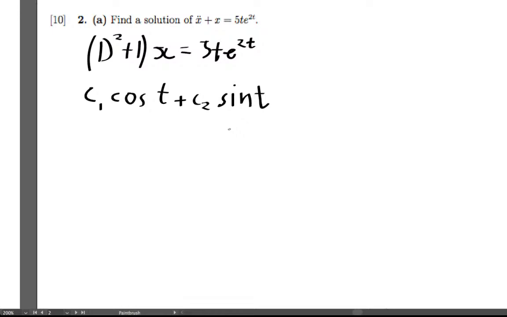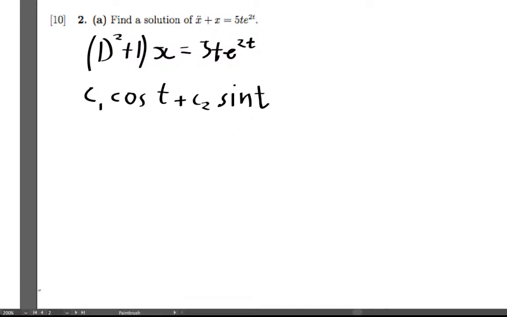And d equals i is an underdamped situation. So you have a formula just to find out what it is. In this case, it's cosine and sine. But for completeness, it is e to the power of 0, which in this case is 1. And where do you get 0? It's basically 0 plus i equals i. For example, if it is 1 plus i, it would be e to the power of 1.